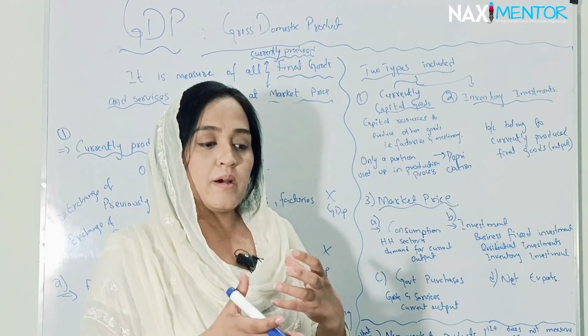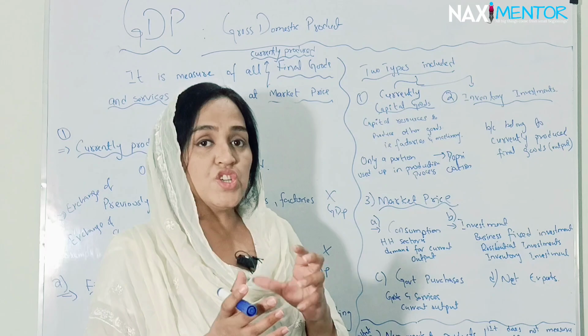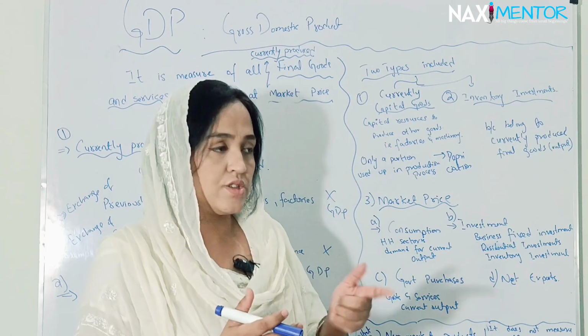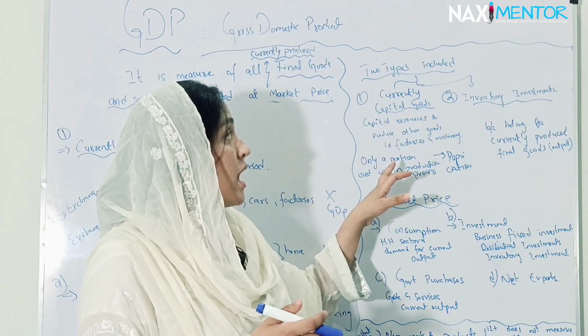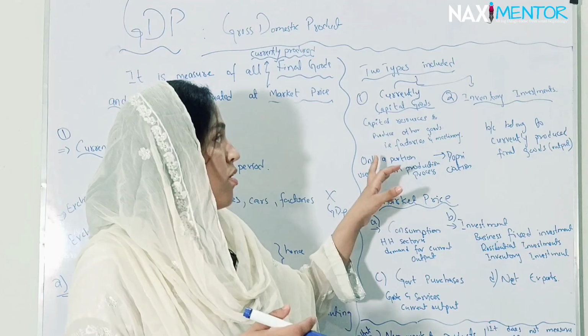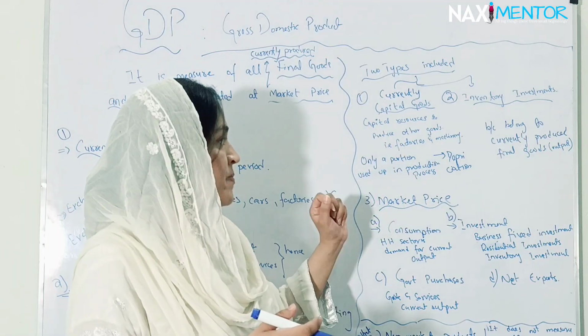They do not contribute towards the composition of the final goods. They only contribute in production of final goods. So these capital goods are included in GDP, although they portray some sort of intermediate goods.